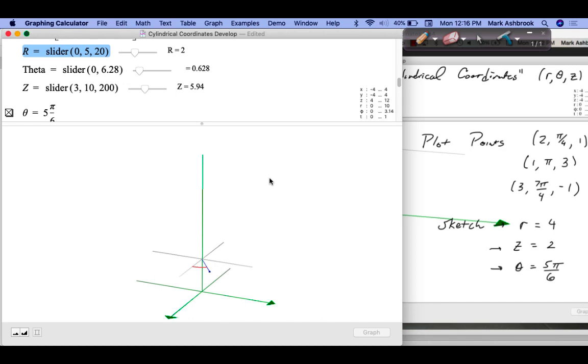Okay, so this is what I'm showing here, something like (2, pi over 4, 1). Maybe it should be lower. Let's do this.